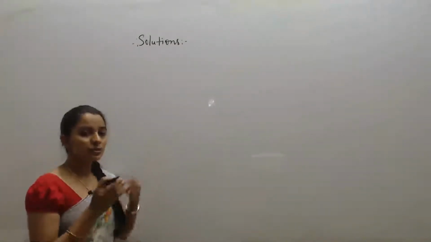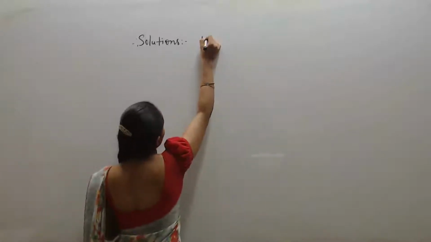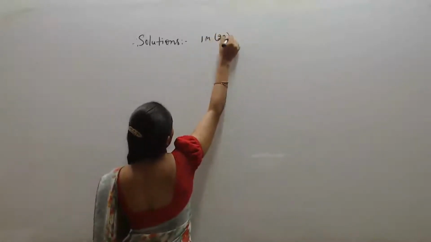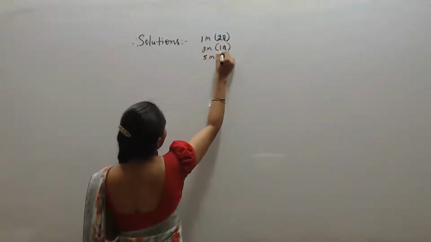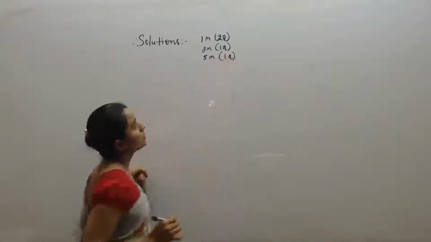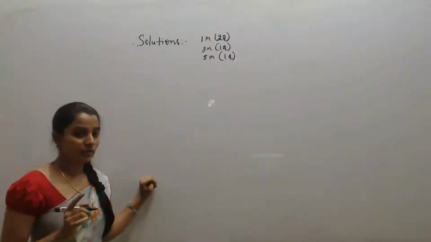Okay, so students, in this there are 2 questions of 1 mark, 1 question of 2 marks, and 1 question of 5 marks. In total it carries 9 marks. Understood?